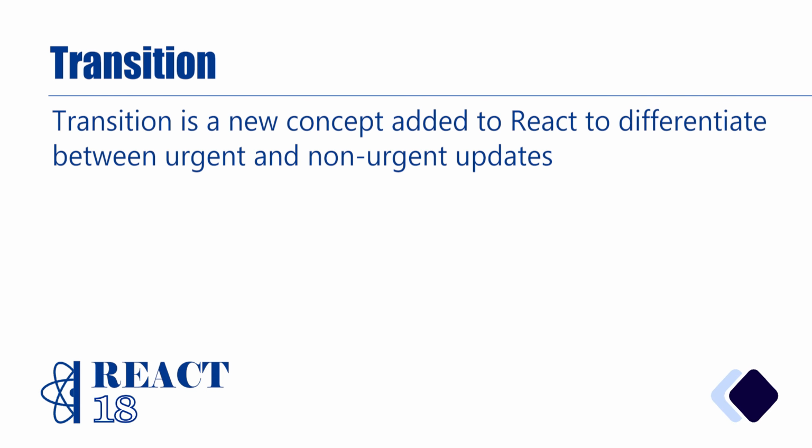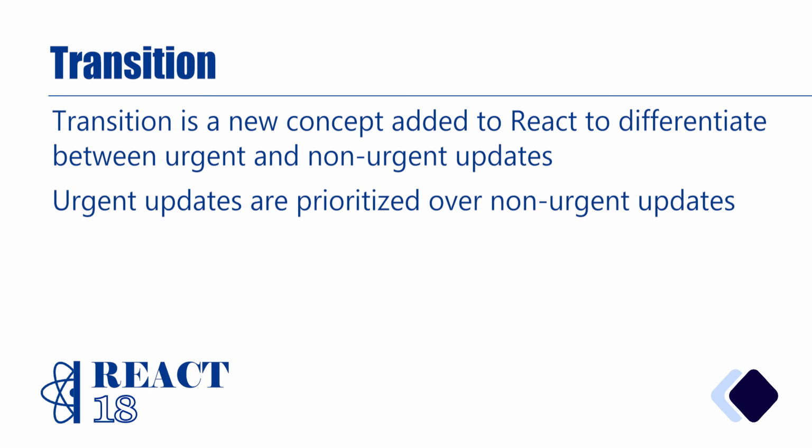Transition is a new concept added to React to differentiate between urgent and non-urgent updates. Urgent updates such as typing, clicking, and key pressing are prioritized over non-urgent updates because they are often interacted with. Non-urgent updates, or transition updates, which are not often interacted with, like transition of UI from one view to another, are given less priority.